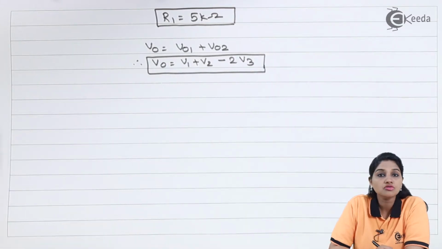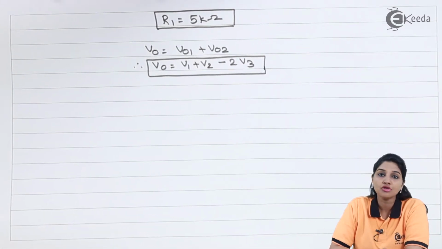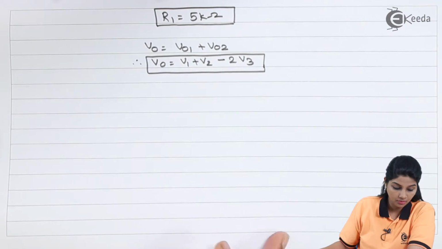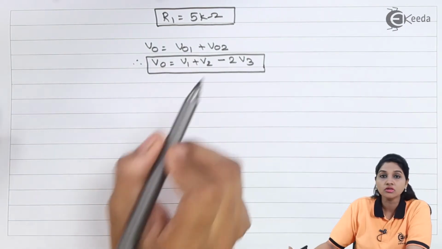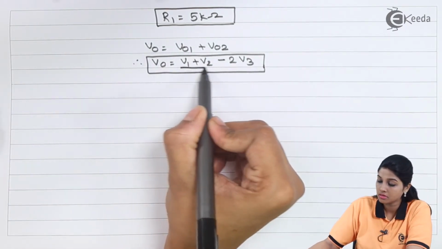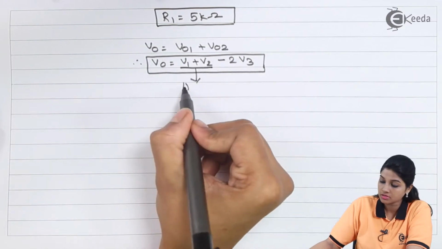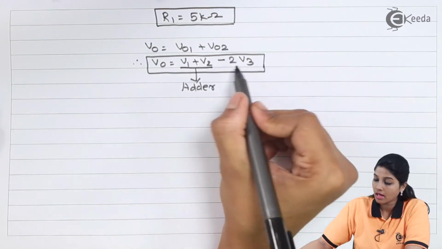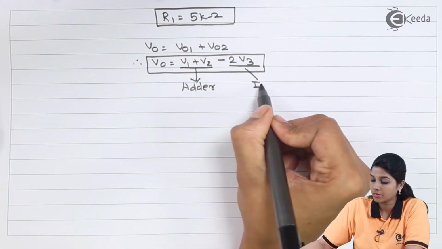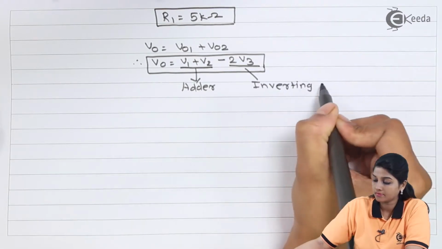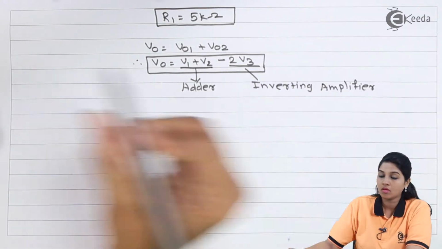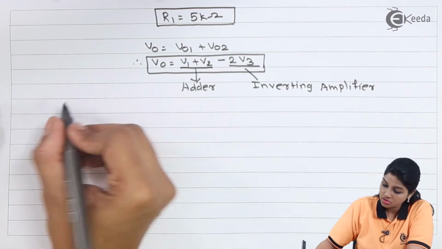Now here we need to draw a circuit diagram also. So let's draw the circuit diagram. First we'll draw the circuit diagram for the adder. So this is the adder circuit and this is the inverting amplifier. Now let's draw the circuit first.